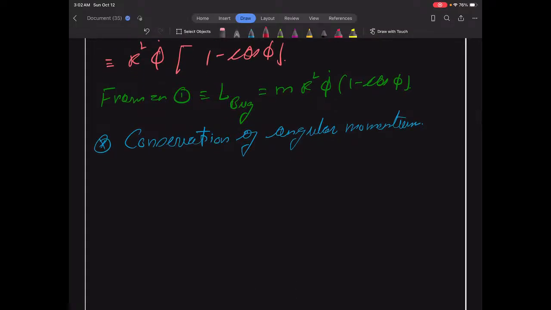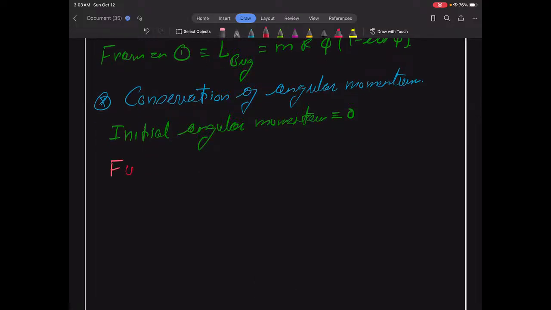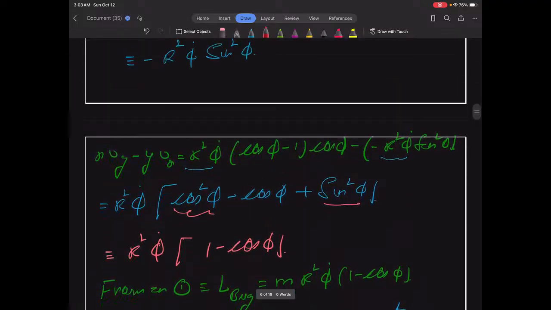And like I said, our ring was at rest and the bug was also at rest, so we can say our initial angular momentum is equal to 0, and our final angular momentum is the momentum of our bug plus the momentum of our ring.